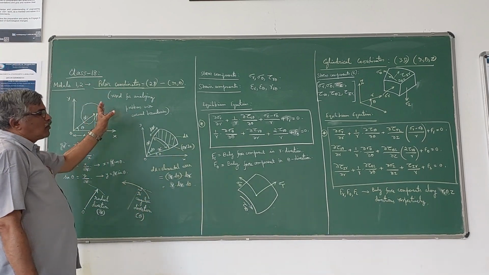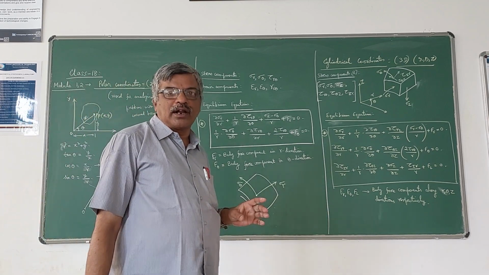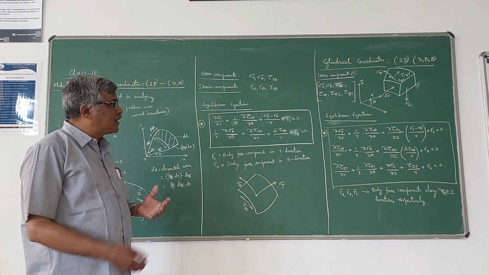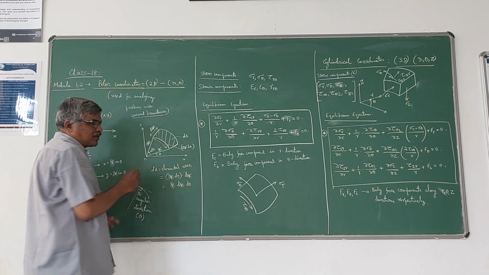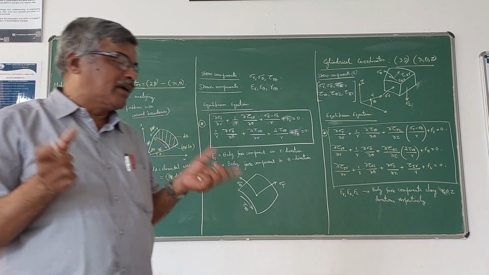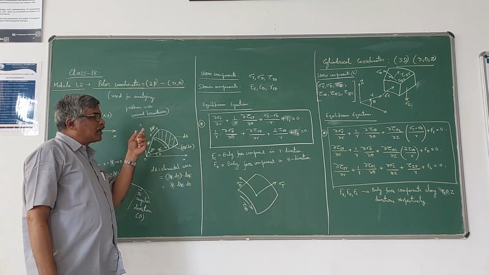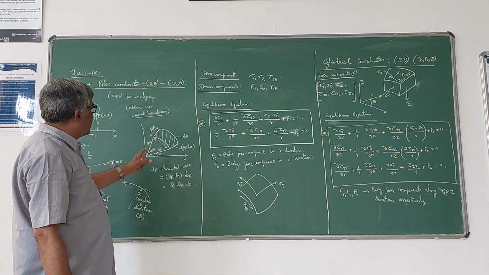Now coming to polar coordinates, normally these polar coordinates are used to analyze plane stress or two-dimensional problems which have curved boundaries. Sometimes, when you divide the structural member into many elements, some of the elements may have curved boundaries. When curved boundaries come into the picture, you can go for polar coordinates.